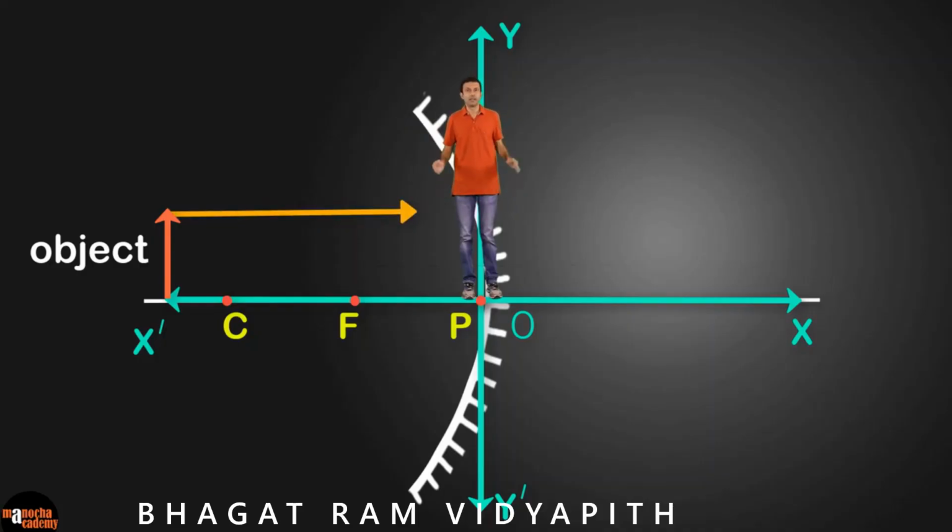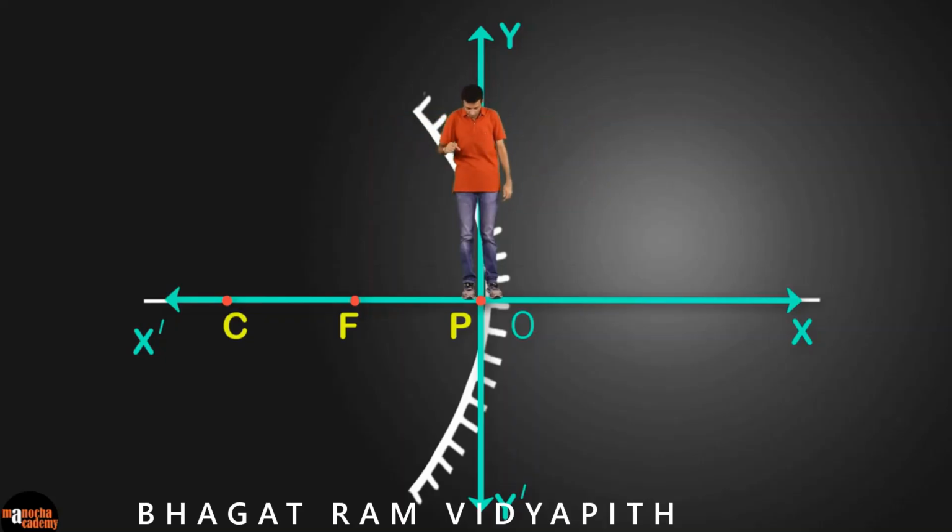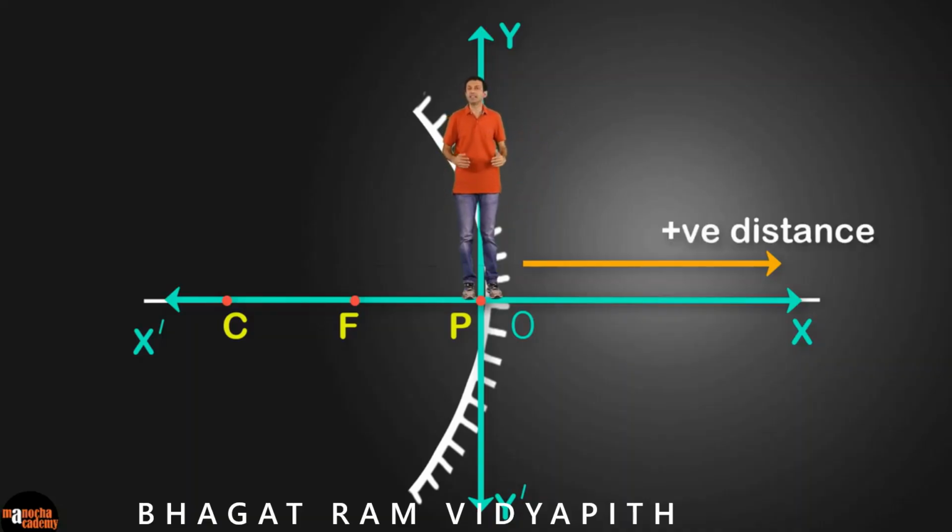All distances parallel to the principal axis are measured from the pole of the mirror. Distances that are measured to the right of the origin, that is along the positive x-axis, are considered to be positive. And distances measured to the left of the origin, that is along the negative x-axis, are considered to be negative.